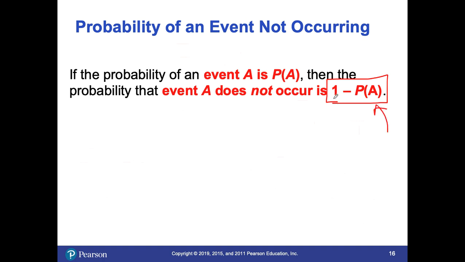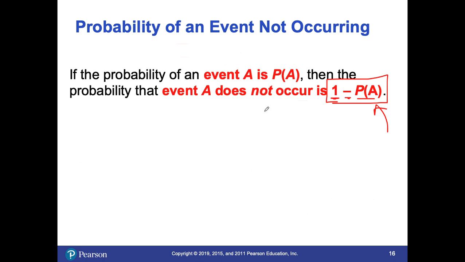What you do is you take the number 1 here. Now, remember, when it comes to probability, what does the number 1 mean? The number 1 means certain. I am 100% certain. That's the number 1. Well, if you take 100% certainty and you subtract from it the probability of whatever event's happening, that's going to give you the probability that it won't occur.